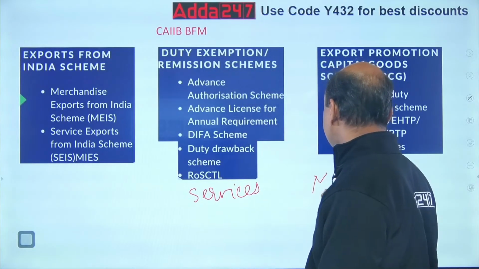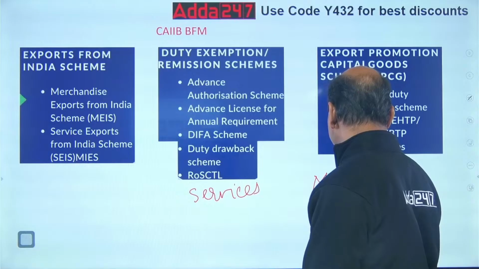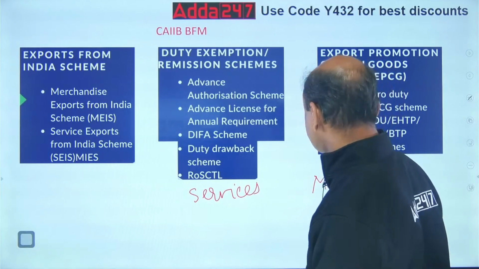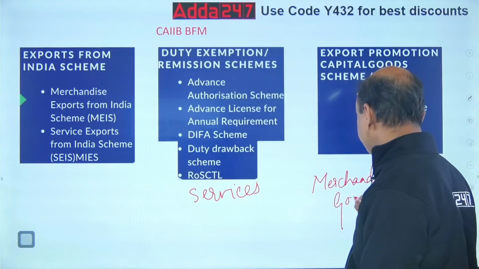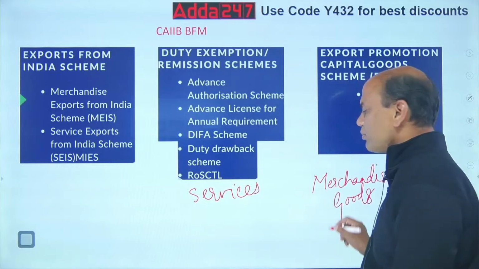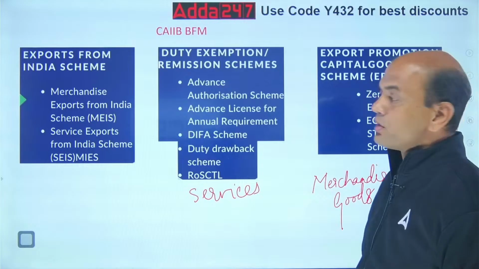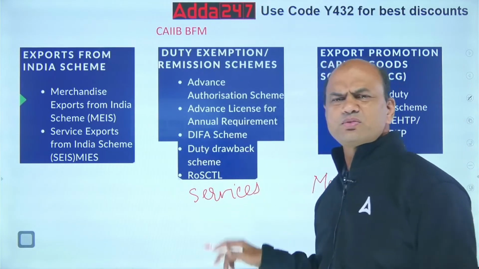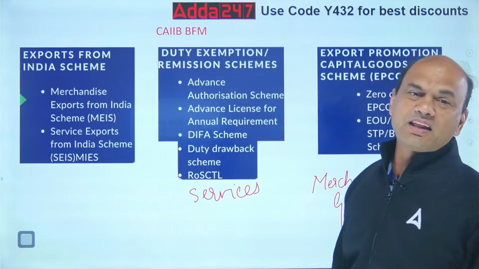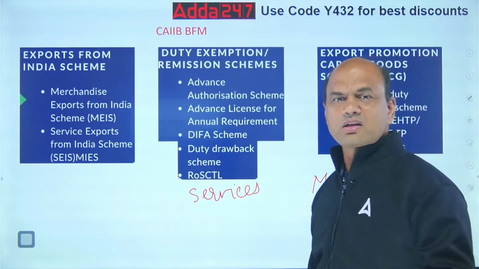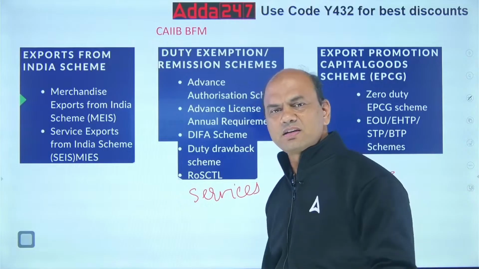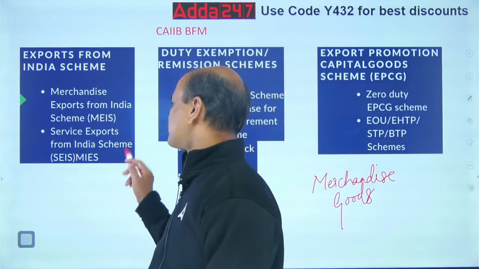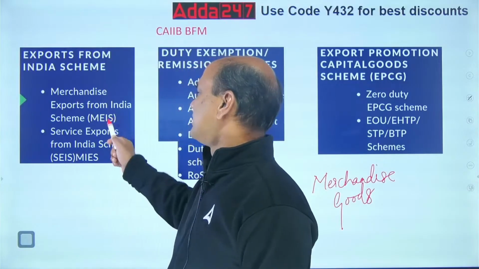You can call it merchandise or goods. Both mean one and the same. So this scheme is for merchandise. See, services means whatever you are doing in banking, IT, doctor, CA, consultant, all these services. So Merchandise Exports from India scheme.